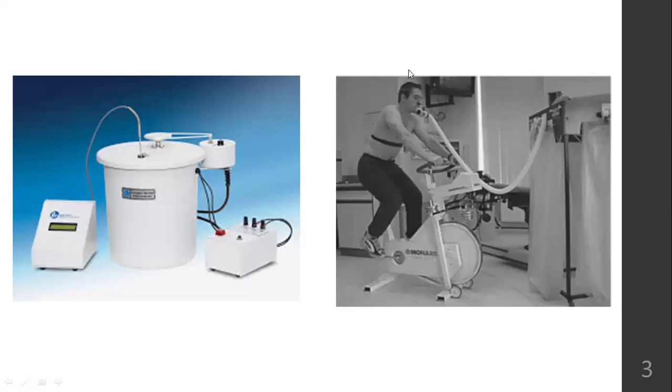If you look at the image on the right side, this person on the static cycle has a pipe going into his mouth. This is indirect calorimetry, because this device is calculating how much oxygen the person is taking in and how much carbon dioxide the person is releasing.